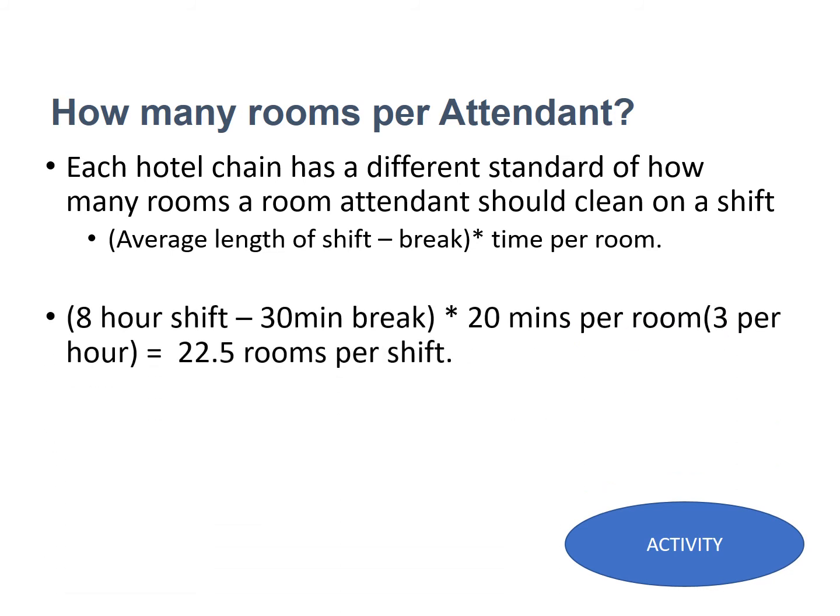So an 8-hour shift minus a 30-minute break, at 20 minutes per room, gives you 3 per hour. So that is on average 22.5 rooms per shift.